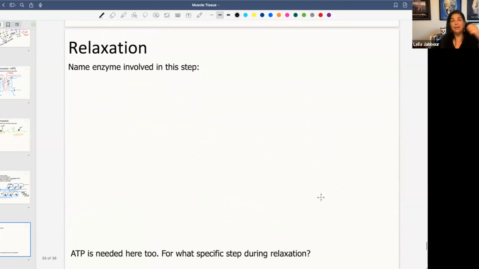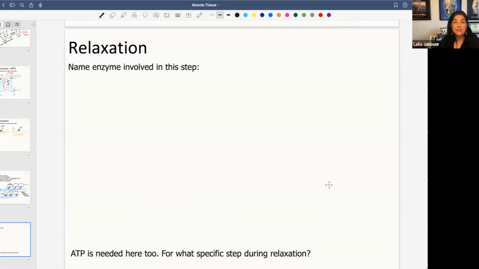So this happens, and then all the sarcomeres shrink inwards. And because you have all of these linking proteins, the whole cell shrinks, and all the cells are attached to each other. They all bring this whole muscle inwards and shorter. And that's what we call contraction.